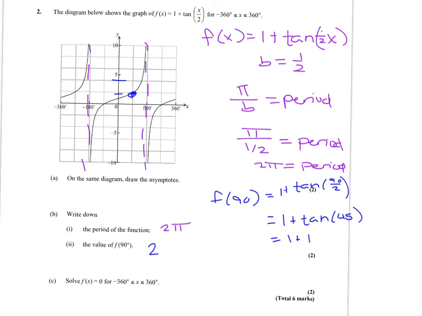All right. The last section says solve f of x equals 0 for negative 360 to 360. Again, we could do this algebraically and set 0 equal to 1 plus tangent of x over 2 and subtract and do all the work of solving it. But again, it's going to be easier to just look at the graph. When is y equal to 0? Well, that's right here, and that's right here.